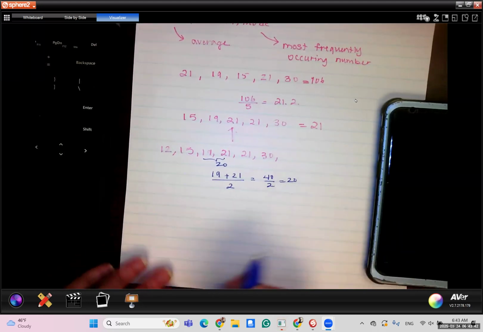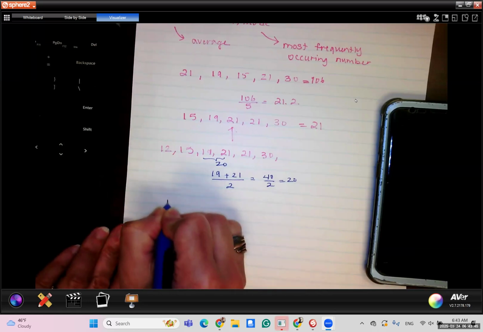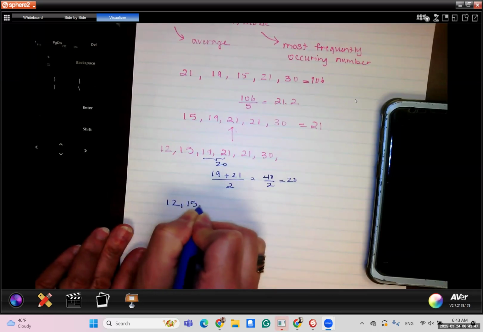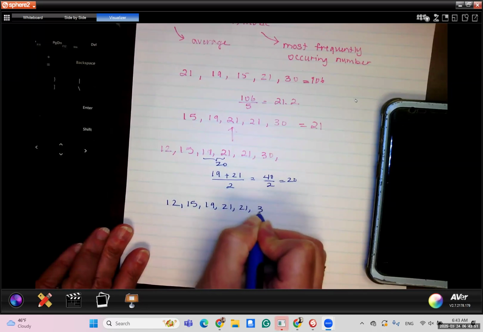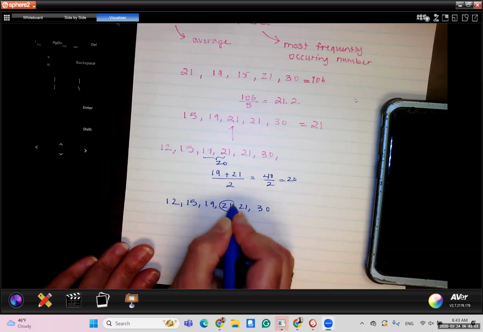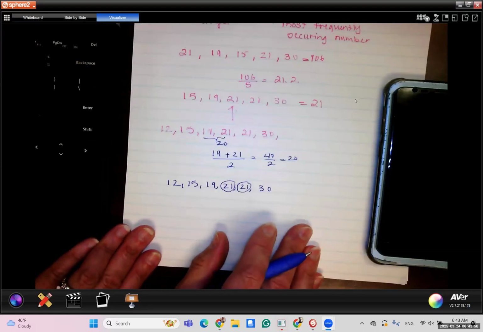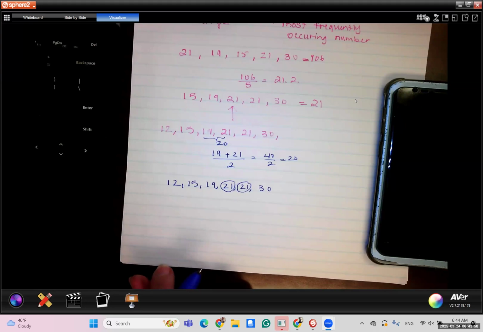Mode is simple. Mode is basically the most frequently occurring number. In this case, the mode is 21 because 21 appears twice. All the other numbers appear once. You can have more than one mode actually.